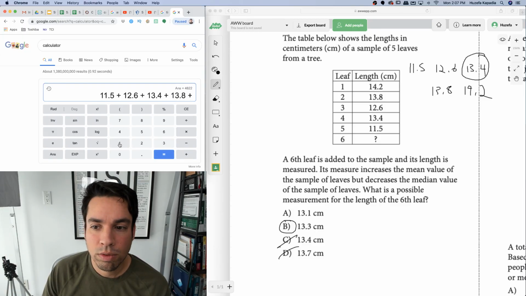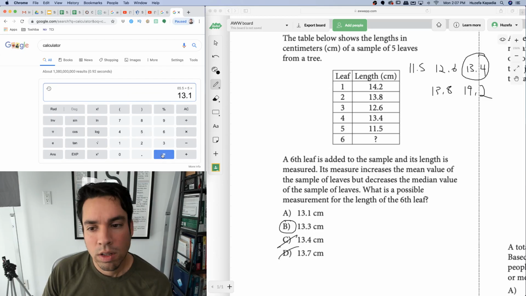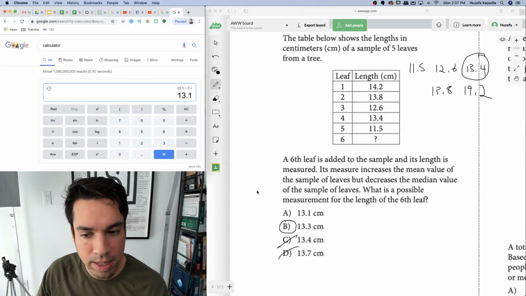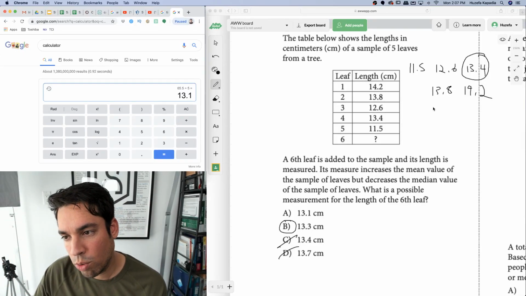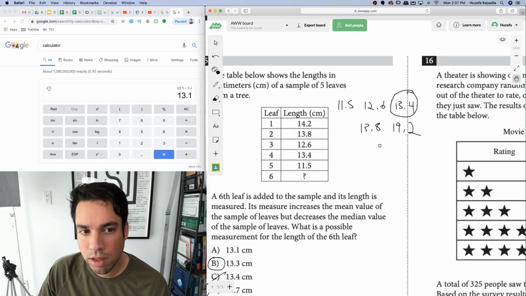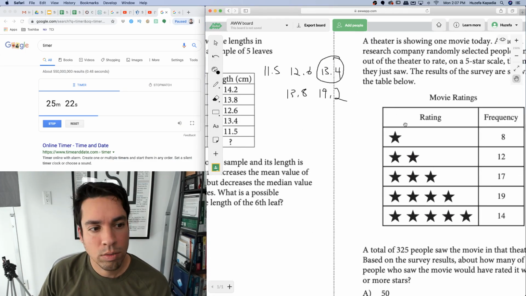What is it? 14.2. That's still, yeah. So the current mean is 13.1. So 13.1 won't work. That'll keep the mean the same. 13.3 will increase the mean. 13.3, sorry. Okay, done. Let's see time. Okay, we got 25 minutes left.